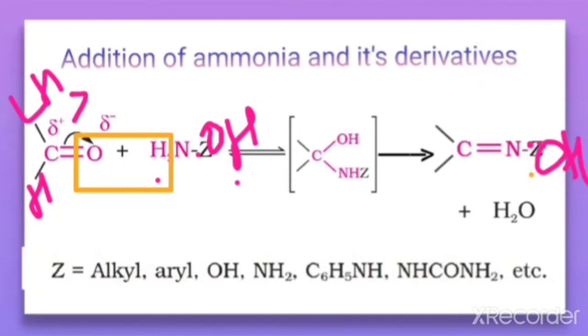So this is the way to remember the equation: once you learn the general equation, you can write the equation for any of the reactants that are given when the Z are of this kind.